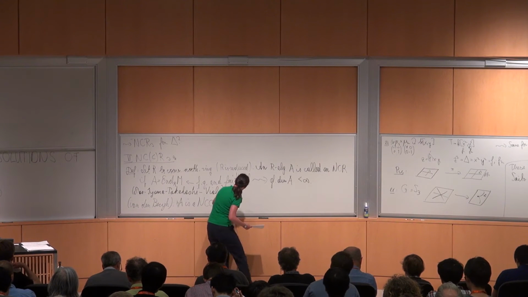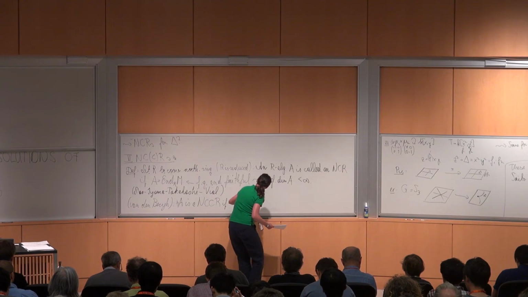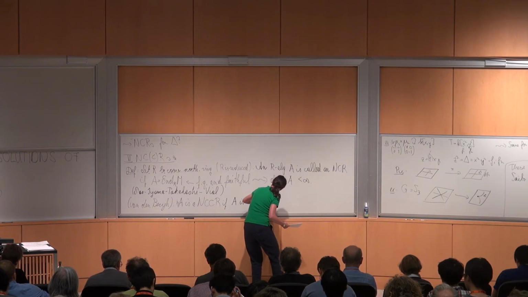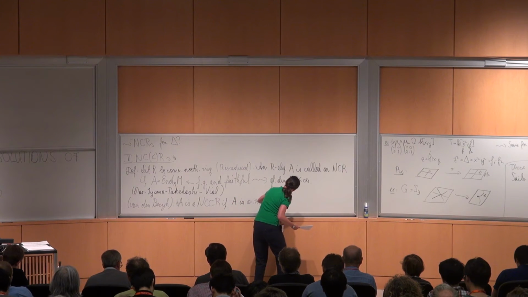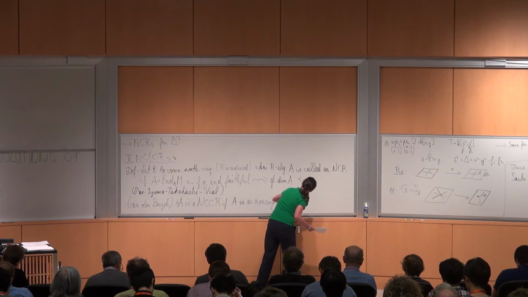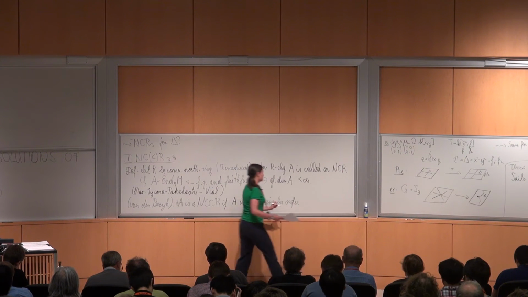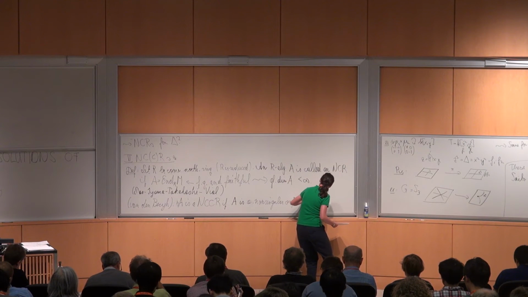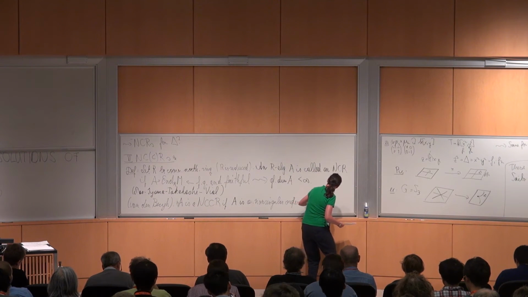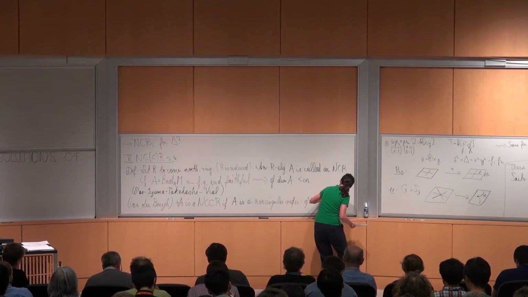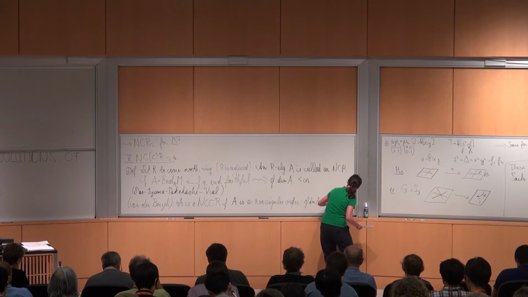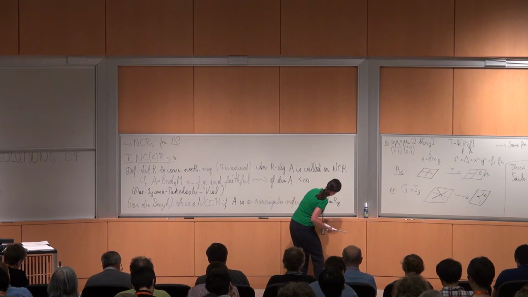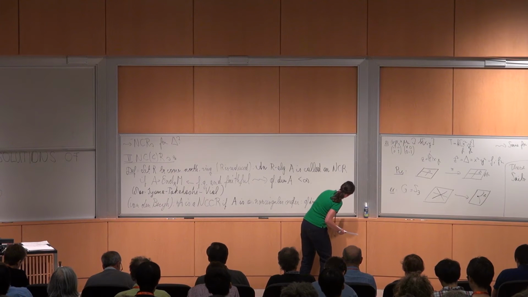If A is a non-singular order, so what does that mean? So this means that the global dimension of A localized at any prime P is equal to the global dimension of R localized at P for all P in Spec R.